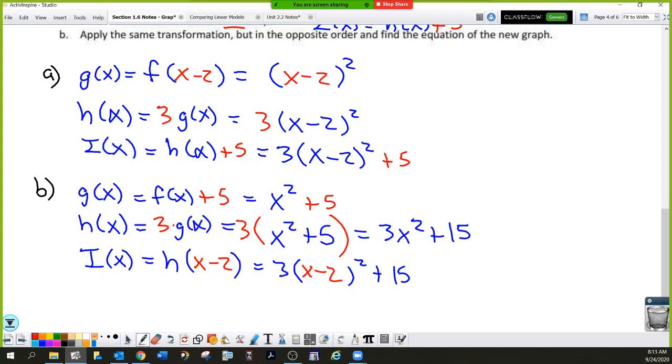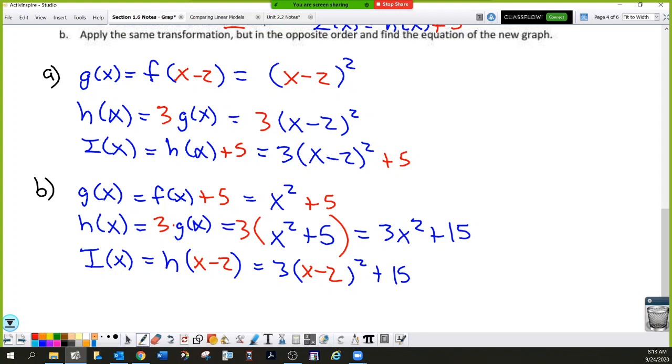So what I'd like you to do, and that's what we're going to call it for today, is think about what was different. So let's talk about it. The vertex of the first set was at 2, 5. When done in reverse order, the vertex was at 2, 15. Which one changed? The x or the y?